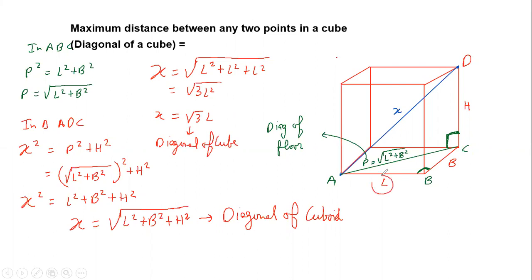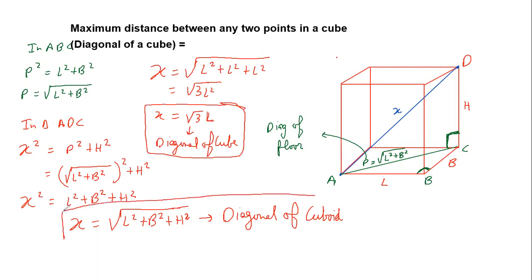Okay, so there's no difference in the thought process. Instead of, as you can see, L, B, H, if you replace L, B, H with the same dimension, eventually it will come out to be L, L, L, right? So I'll get the diagonal of the cube. So this is the diagonal of the cube, that is root 3 L, and this is the diagonal of the cuboid, which is under root L square plus B square plus H square.